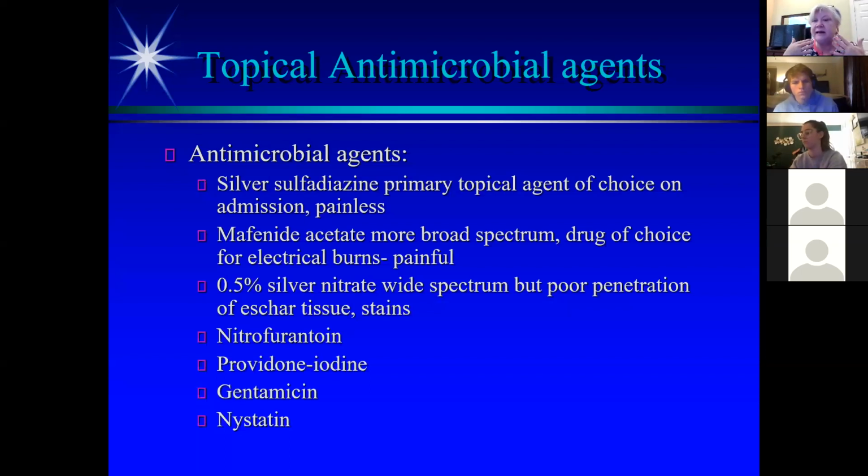We simply use a clear bacitracin or Mycitracin or some type of triple antibiotic ointment, just that clear, greasy looking ointment on faces. We do not use silver type ointments on faces because it increases scarring. So none of that on the face. But these are the typical antibiotics that we like to use, and they work very, very well.